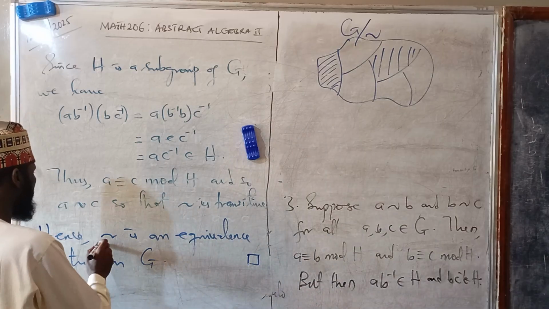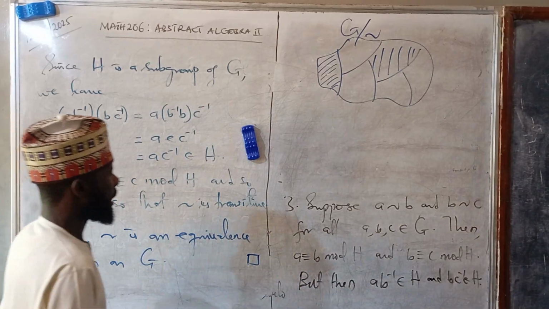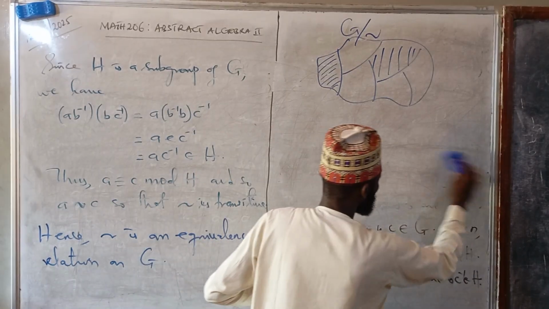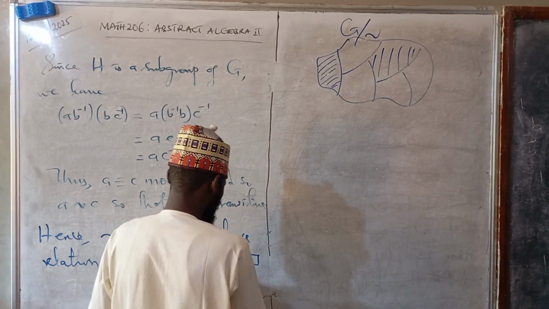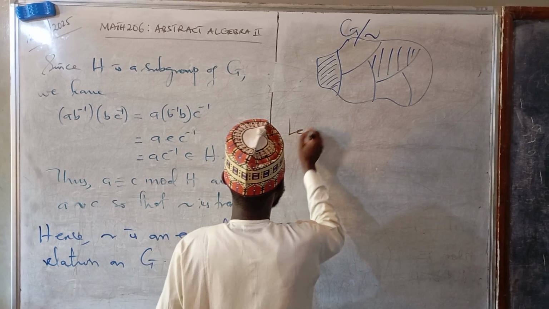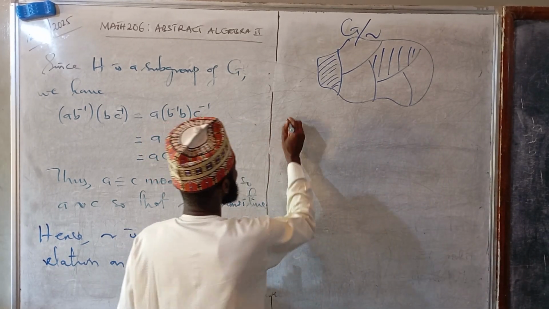But we need to know what an equivalence class under this relation looks like. That is the next thing we look at.